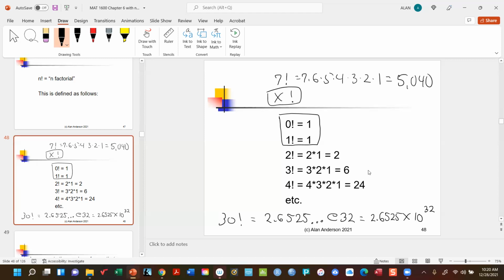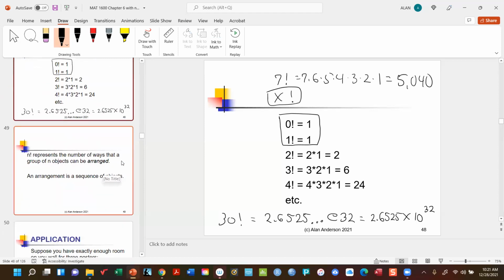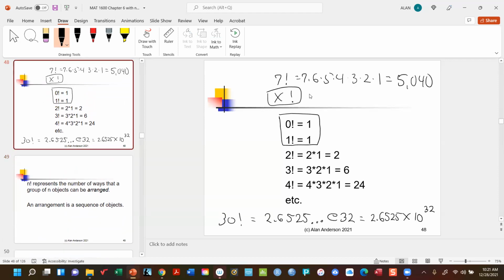That's a big number. But anyway, what is this factorial operator for? Well, if you use it directly, you can use it to calculate the number of arrangements that can be created from a certain number of objects. So like here, for example, 7 factorial means I have 7 objects.